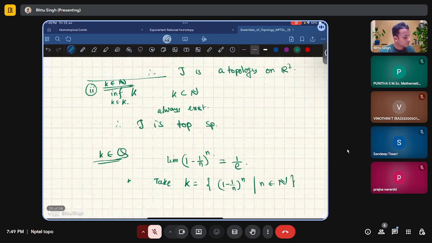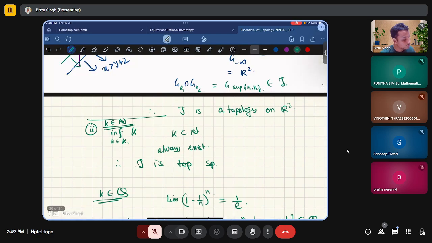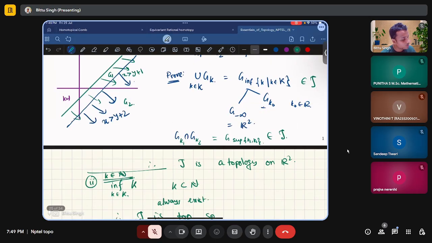In this case, clearly this is a subset of Q. There is no issue, those are rational numbers. Now the problem is the infimum of this K. This is 1 by e. This does not belong to Q. Therefore, this union of G_k will be of this form.